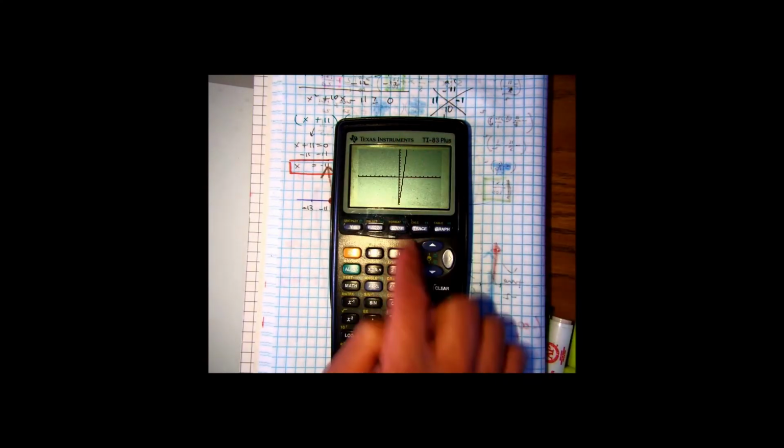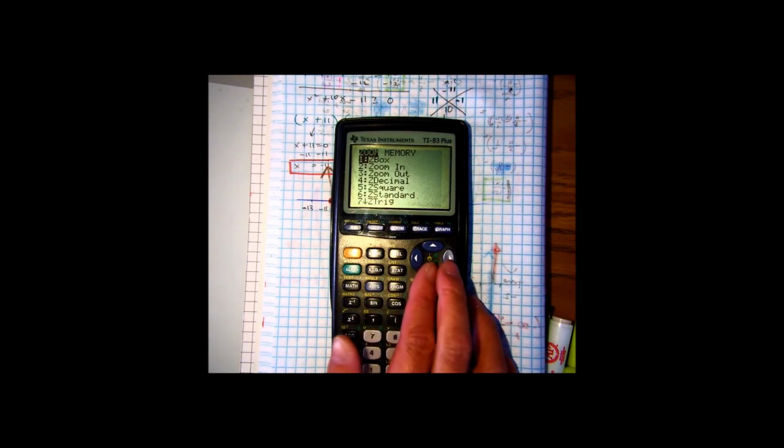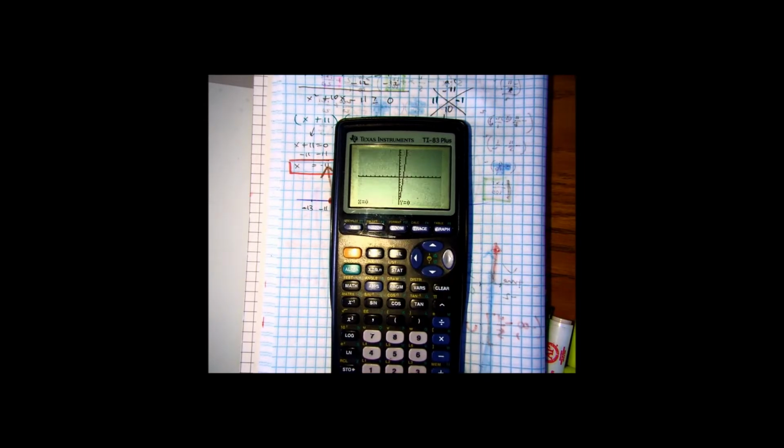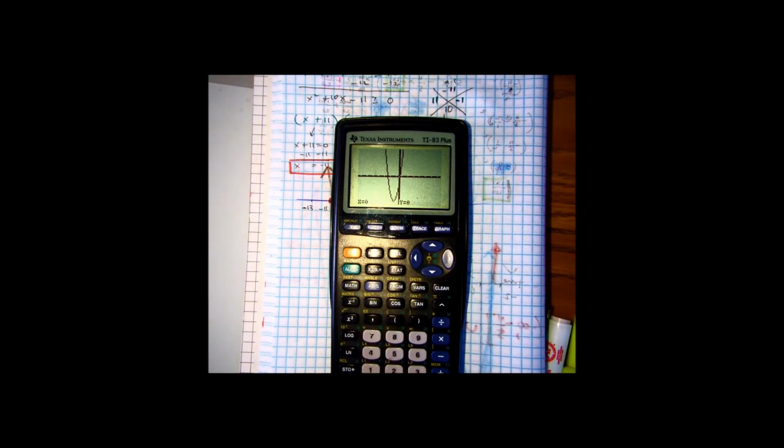You can tell that it only has 1, so you can press zoom out at zoom number 3. This gives you a good visual.